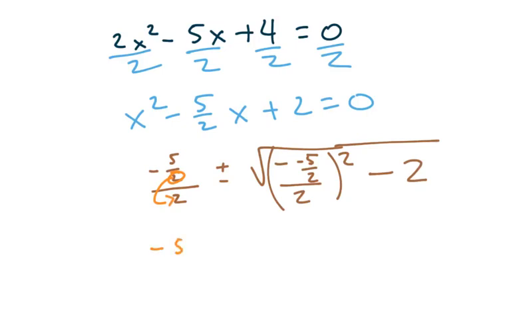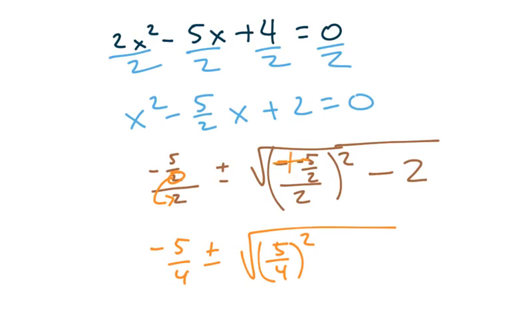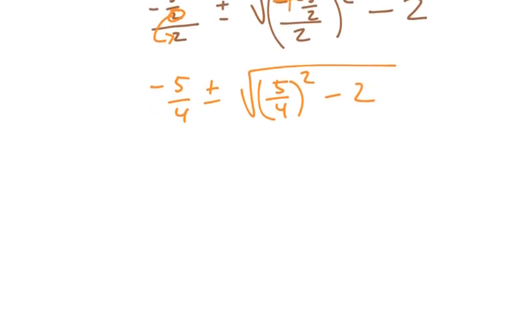So this is going to be negative 5 over 4 plus or minus the square root. This is going to be 5 over 4 squared. Again, negative becomes a positive. It's not really relevant because you're going to square it. Let's just clean this up. So we get negative 5 over 4 plus or minus the square root of 25 over 16 minus 2.